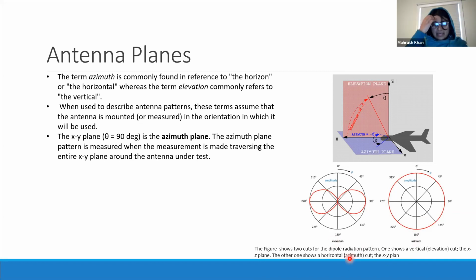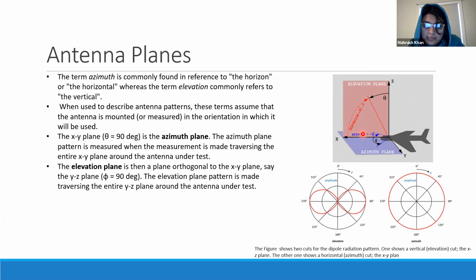So what I was saying is that if you display your pattern in the XY plane, it's the azimuth plane. And if you are doing it in the XZ plane, I think it should be, right?